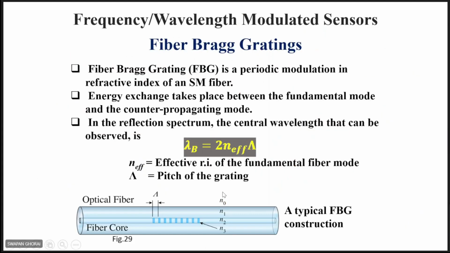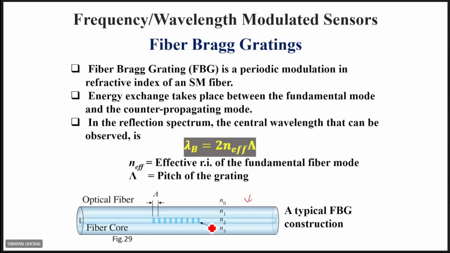Okay. Next, just see these gratings. Some slides are there. You can see it. This is a fiber, and within the core this grating structure is here, maybe 1 centimeter or less, right?